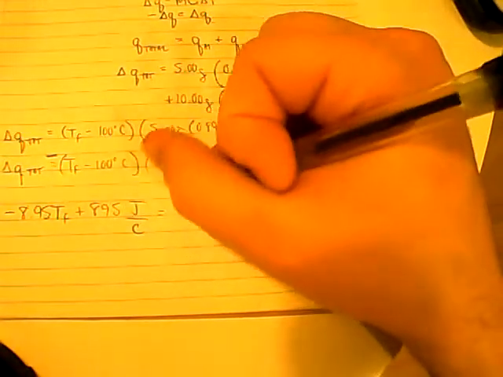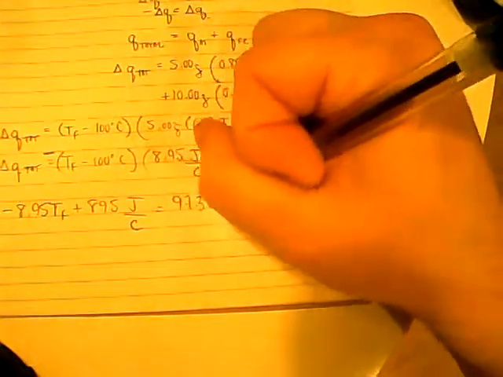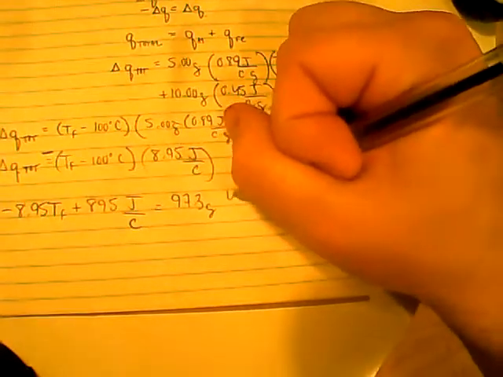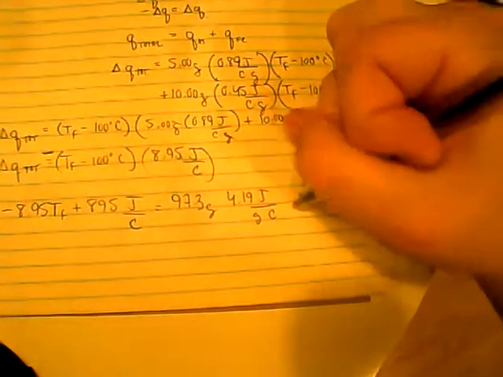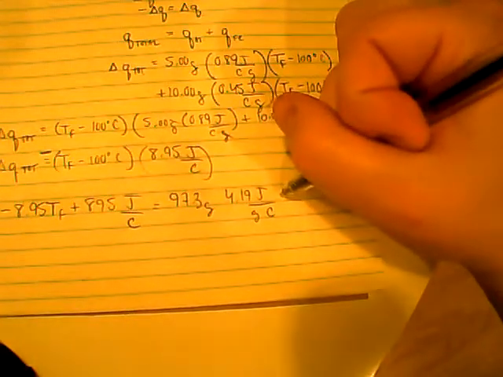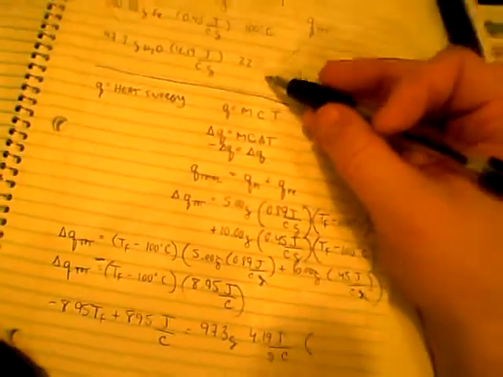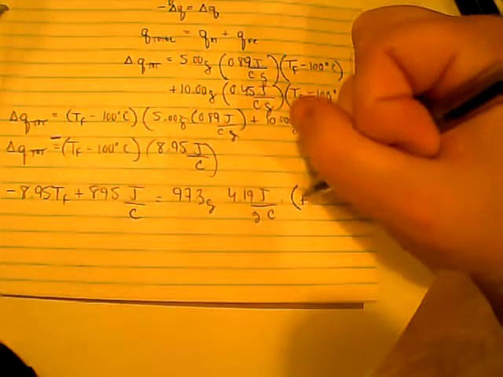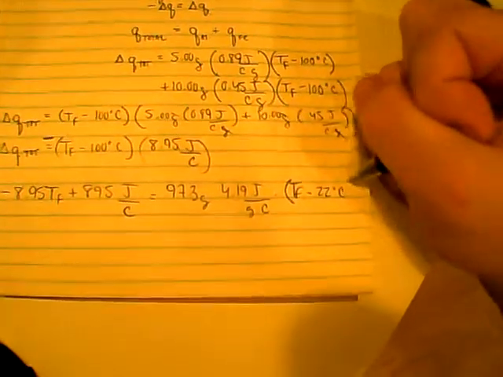And in this case, that's going to be what? Do the math here. We've got 97.3 grams times 4.19 joule per gram Celsius degrees times, and we have to be careful, this is our initial temperature, not our final. So TF minus 22 degrees Celsius.